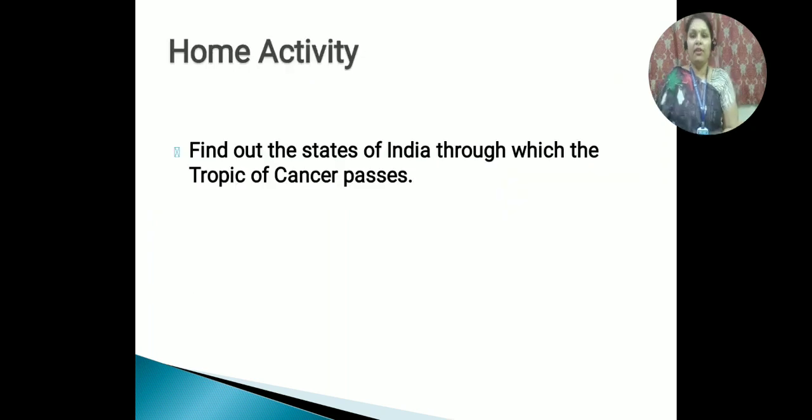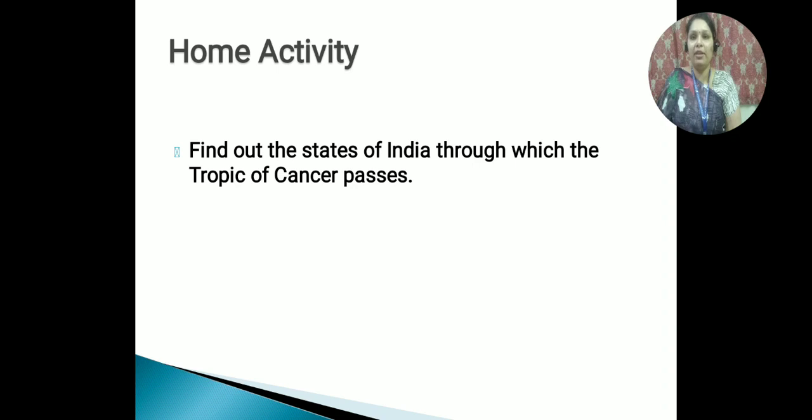We have already studied what lines of latitude are, what the important parallels are, what their degrees are, and where they are placed on the earth.